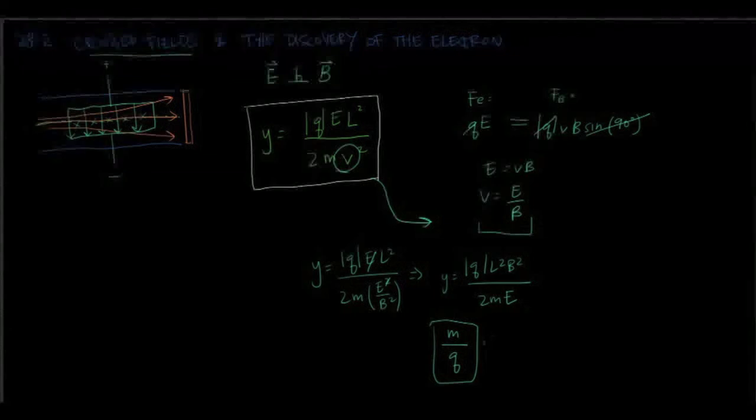This was important for identification of the particle itself. So you manipulate it so that M is in the numerator, Q is in the denominator. Then you take y and put that in the denominator. So in the end, you have B squared L squared over 2yE, and that's your final equation.